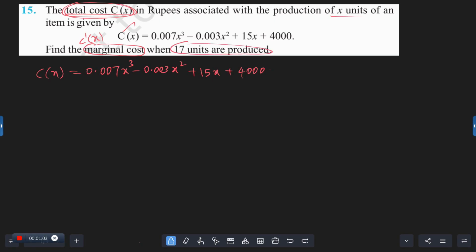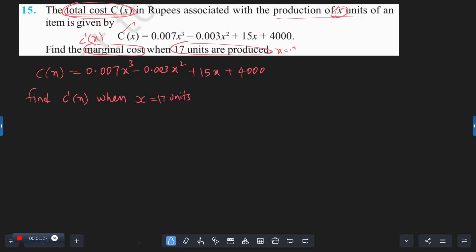Production of x units, that is x they mentioned. Same manner, 17 units produced, x is equal to 17. So we have to find the marginal cost when x equal to 17. So we need to find C dash of x when x is equal to 17 units.